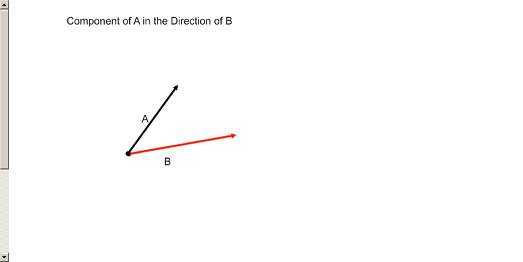Okay, the last idea, which is a really fascinating one, is that we talked about writing things in terms of x, y, and z, but we can also talk about writing or putting A into a different coordinate plane.